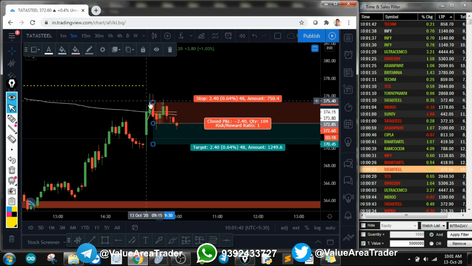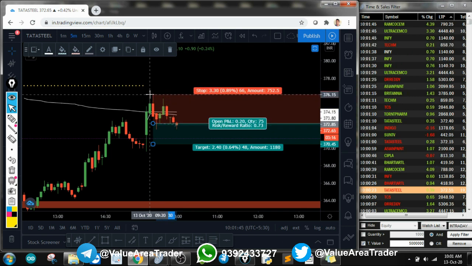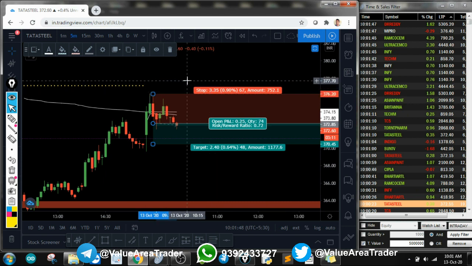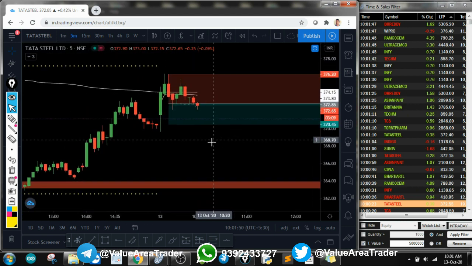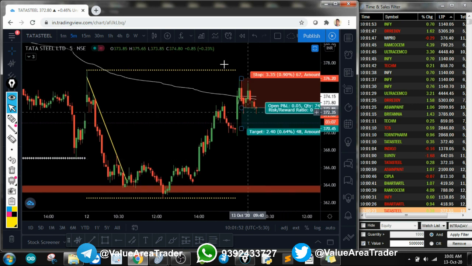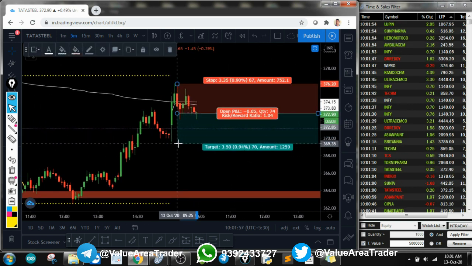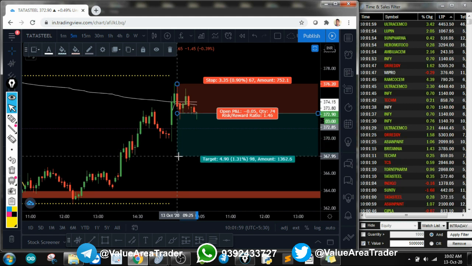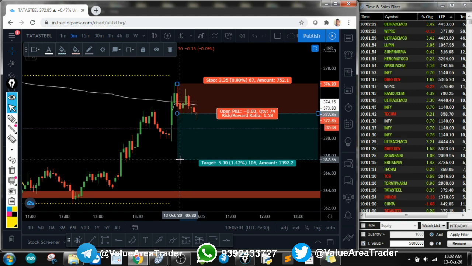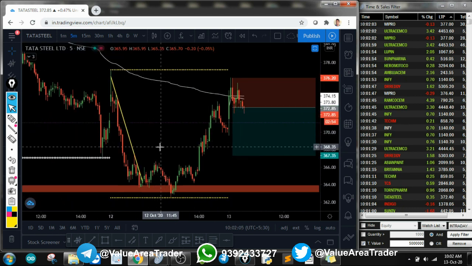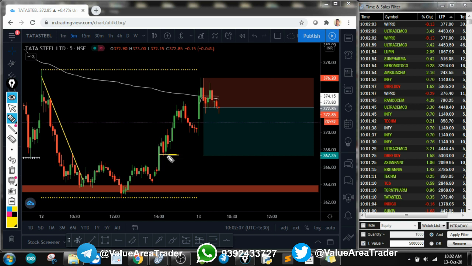So do we have a good risk reward ratio here? If I point to 0.9%, so if it breaks down from today's point, then probably we can have a good fall until this point.